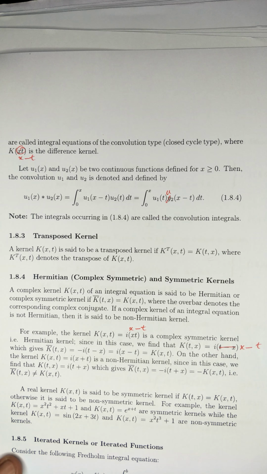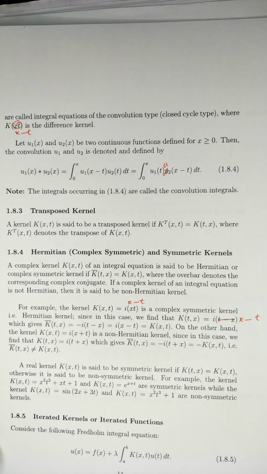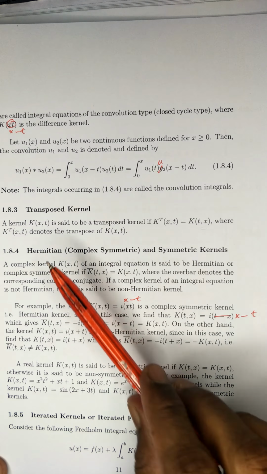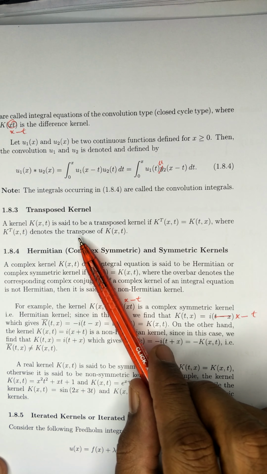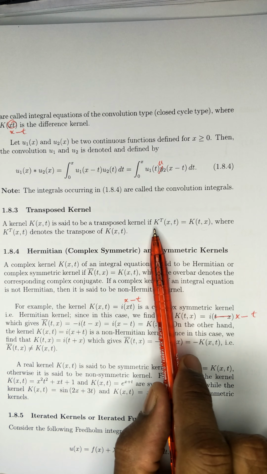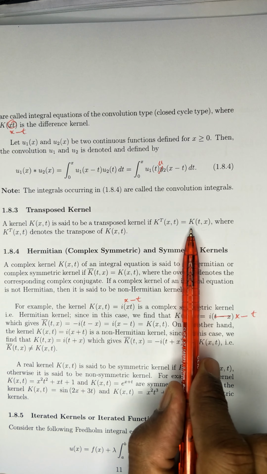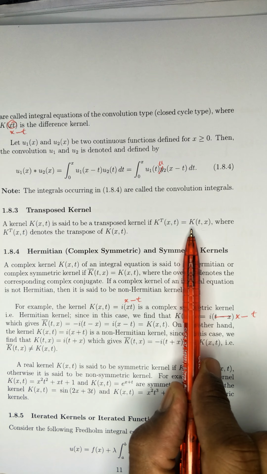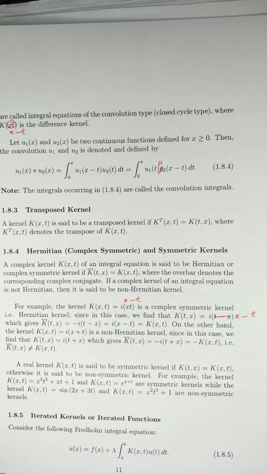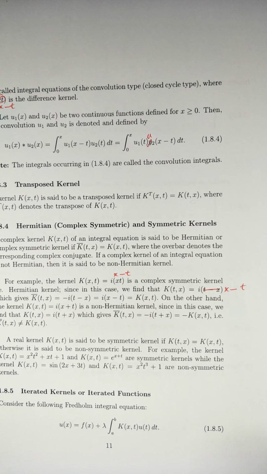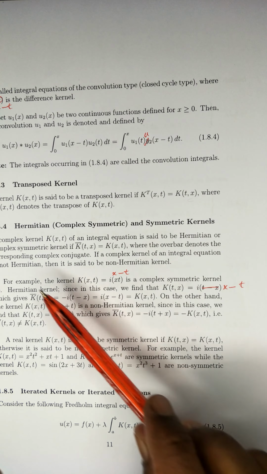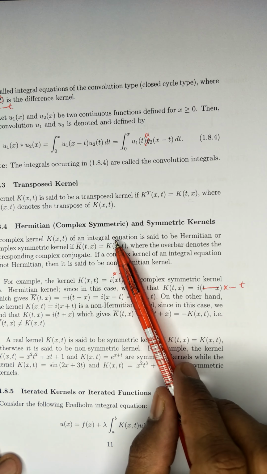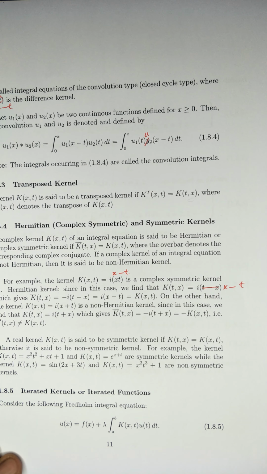Next we define the transpose kernel. The kernel K is said to be a symmetric kernel if K transpose is equal to K, where K transpose denotes the transpose of K. Next we define the Hermitian or complex symmetric kernel.